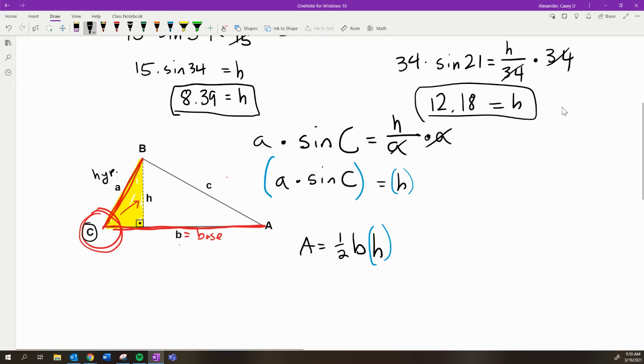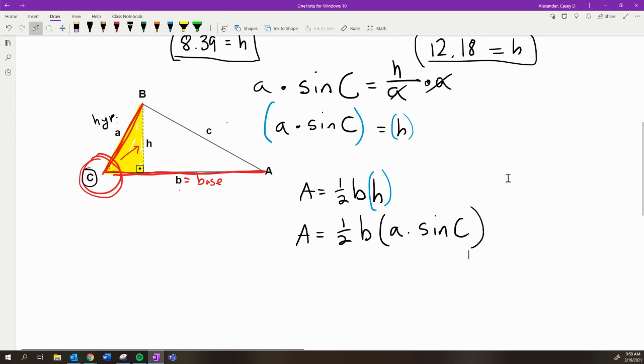And so then I said, okay, that means all we're really doing is 1/2 times the base times what we just did there, a times the sine of angle C. And when I'm multiplying everything, it doesn't matter the order. And so mathematicians like us, we actually prefer things in alphabetical order.